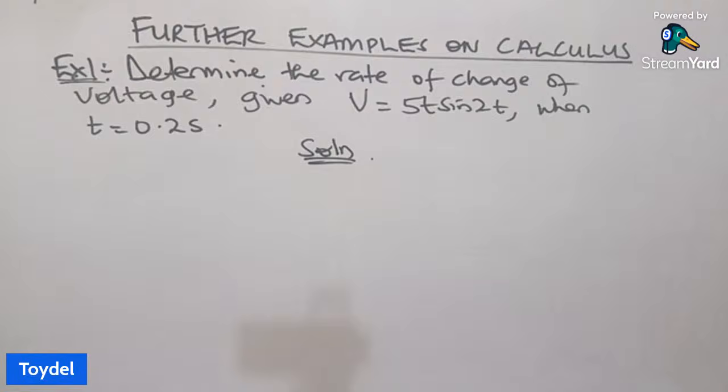So that is what we are asked to do: determine the rate of change of voltage given V is equal to 5t sine 2t when t is equal to 0.2 seconds.